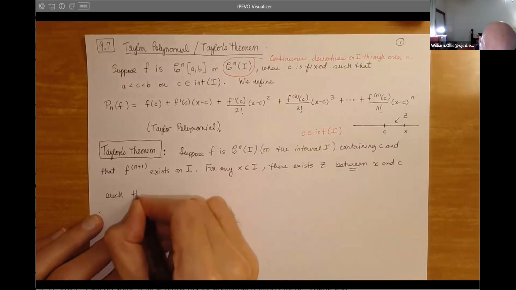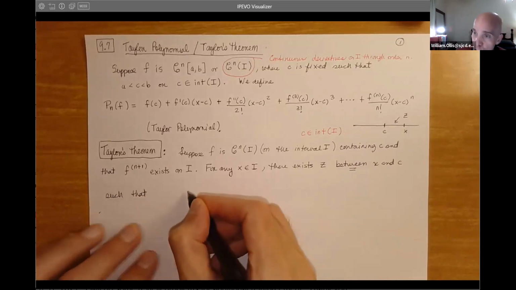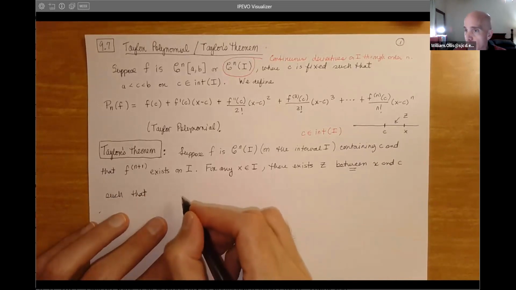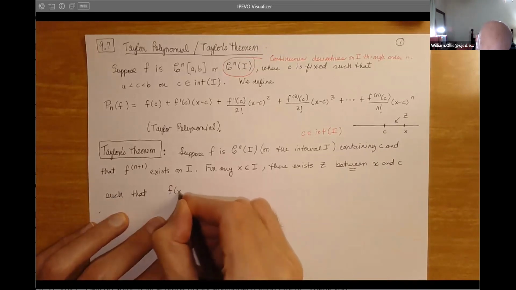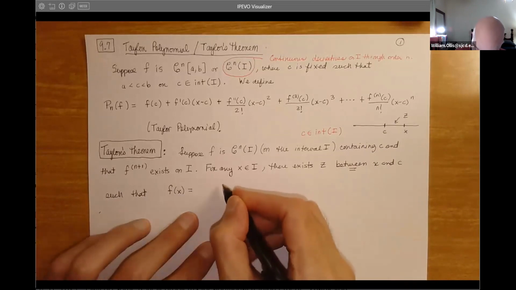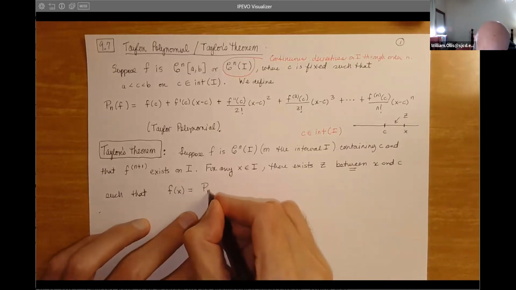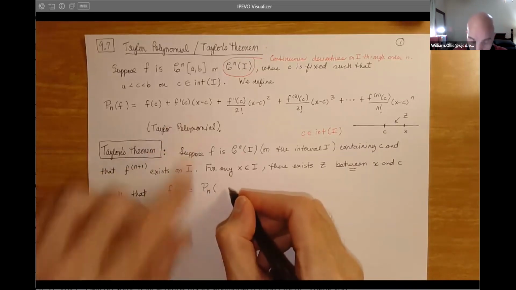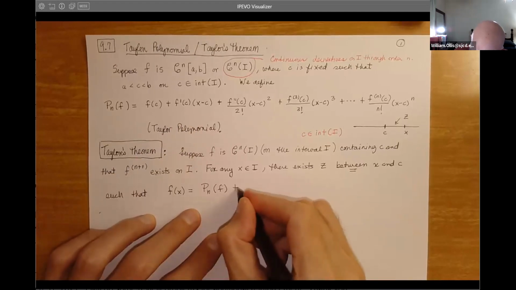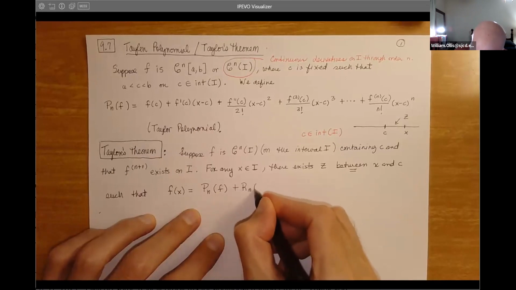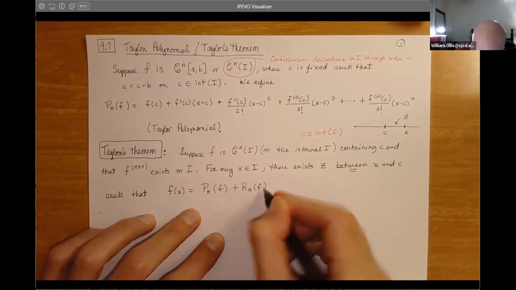and this is where the beauty of the theorem falls out. Taylor's theorem is a major result, like the chain rule, like the mean value theorem. We can express f of x as the sum of the Taylor polynomial that we just wrote up here, plus a remainder term. Of course, we always have to pay for the approximation.